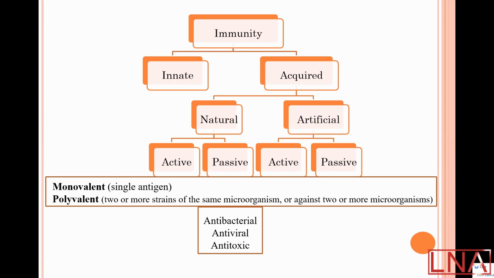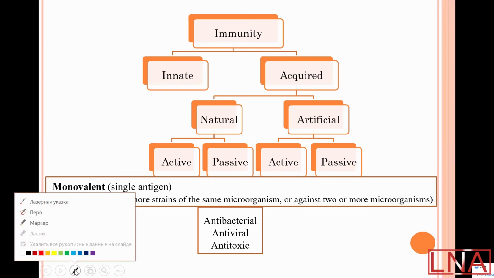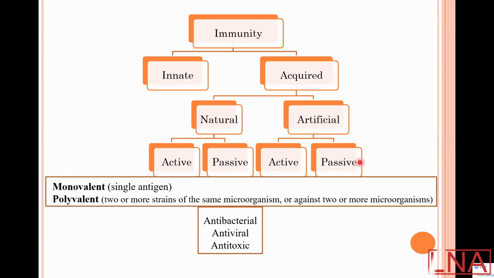But it can also be passive if we use serum for treatment or for prevention of the infection. If the person gets artificially made antibodies, either to treat or to prevent the infection, it will be passive artificial acquired immunity.